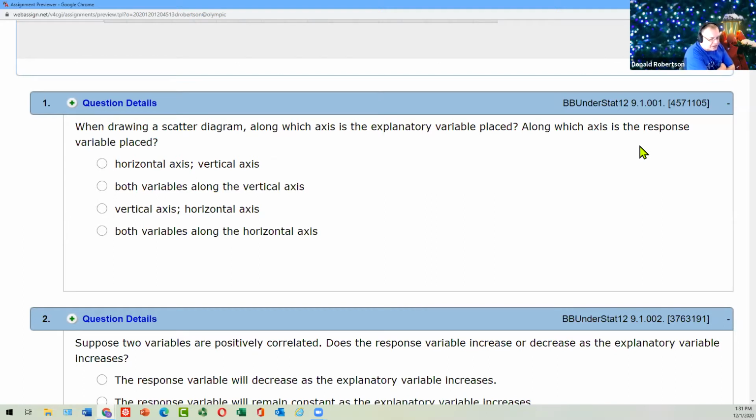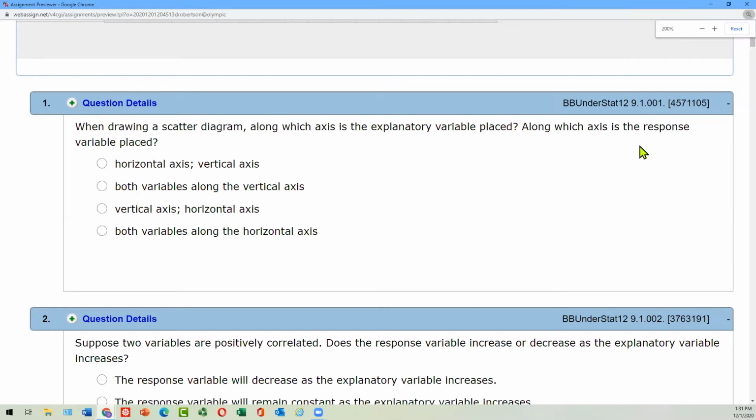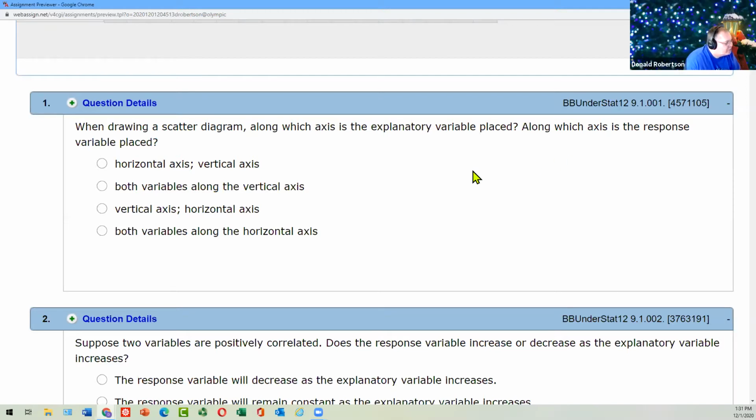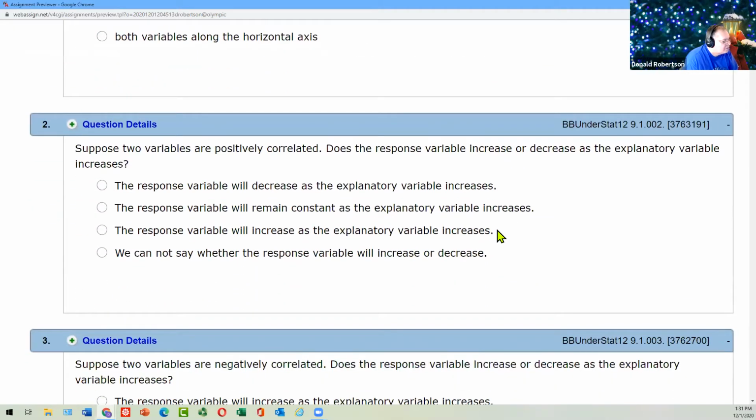Really? What's the x-axis called? Horizontal axis. Okay, thank you, Logan. So the x-axis is horizontal and the other one vertical. This question is, if something is positively correlated, that means its R value is a positive number.